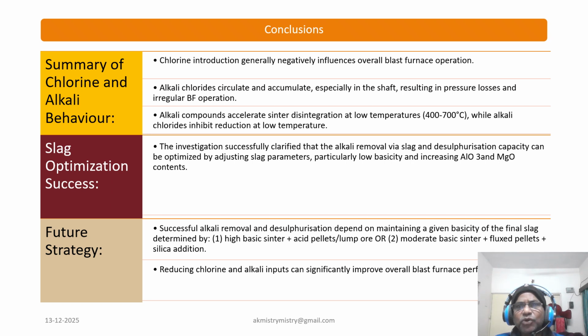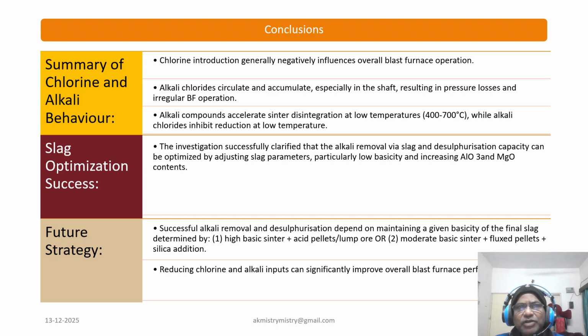Alkali promote low temperature sinter disintegration, while their chloride forms can also inhibit reduction in a specific temperature window that we have seen in the earlier slide, like potassium and magnesium chlorides. They also act as a barricade, up to 500 degrees centigrade.